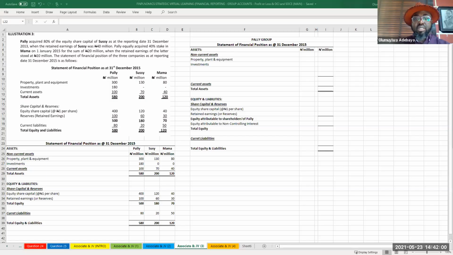Okay, good day, everyone. Today we are back in our discussion with respect to investment in associates and interest in joint venture. And I think we had this deliberation when we were in chapter 11 of the study material.